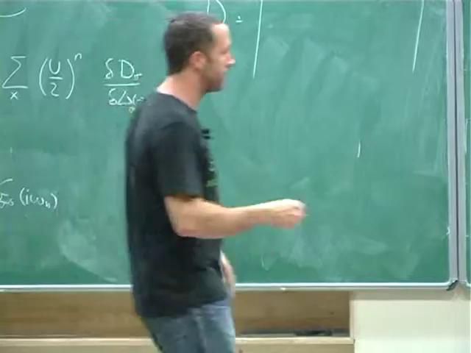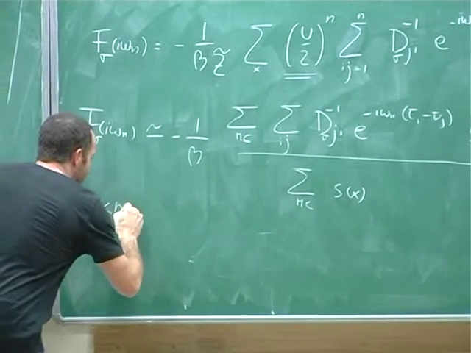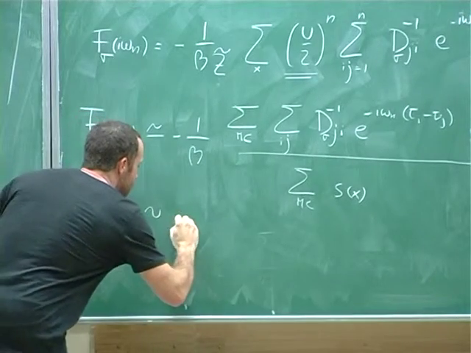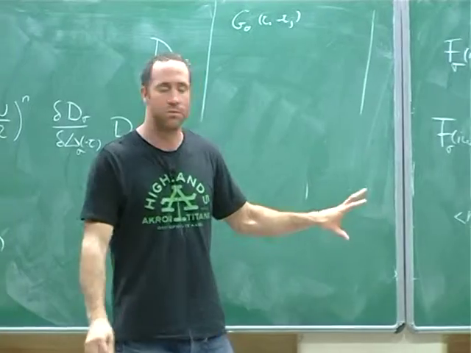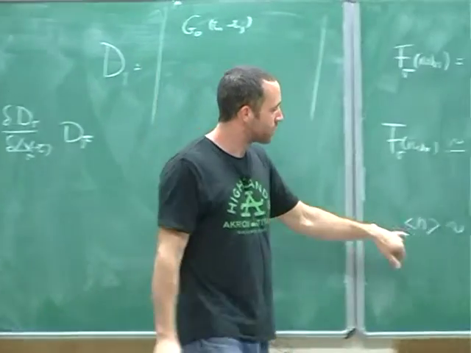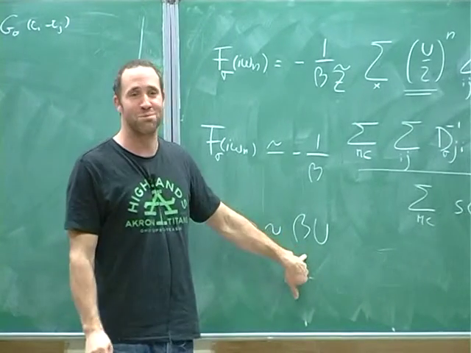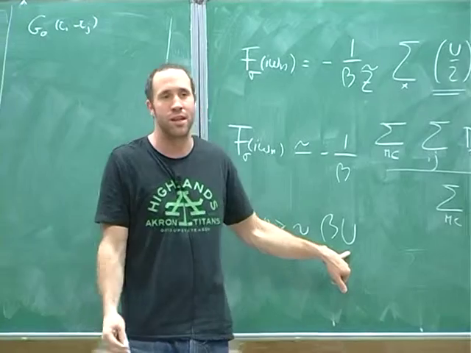What comes out in the end in terms of complexity is that the average value of n goes like beta u. So this also tells you where the algorithm is good and bad. It's good when these two numbers are small. It's an interaction expansion, so you expect it to be good at small u.